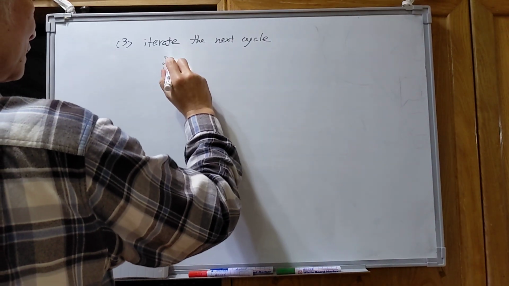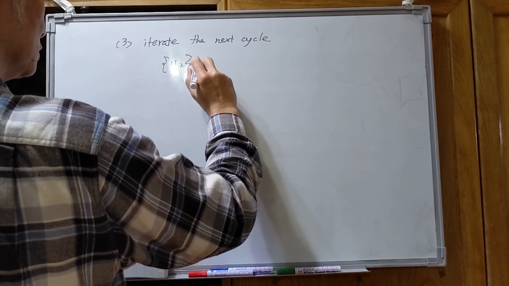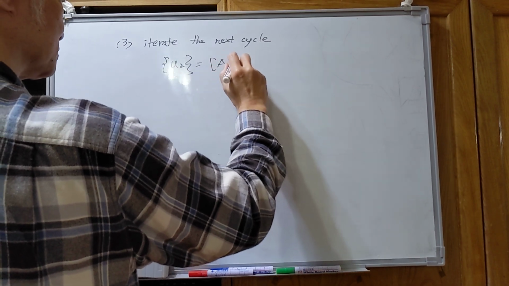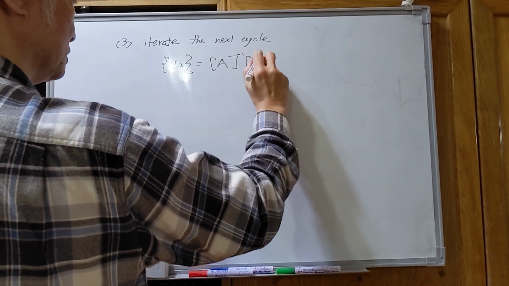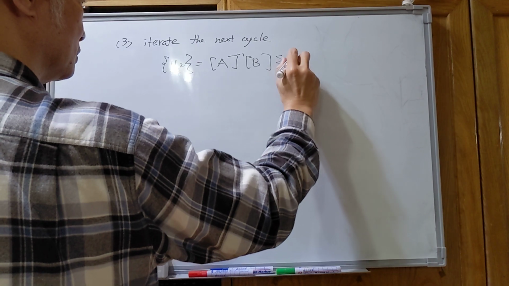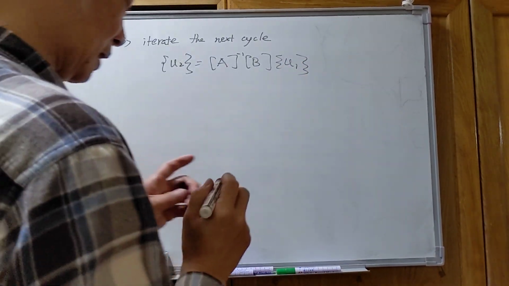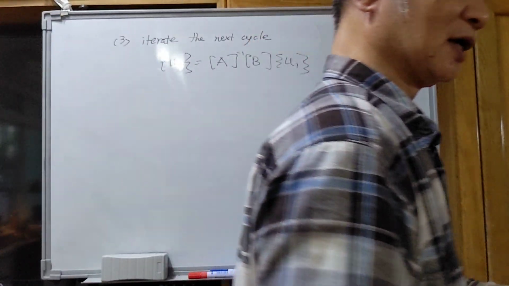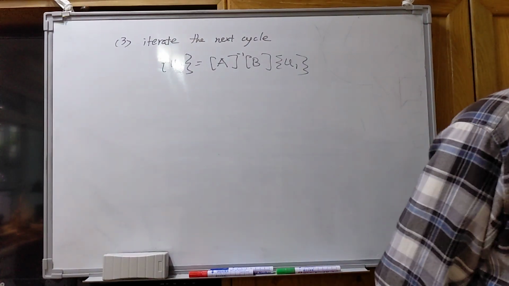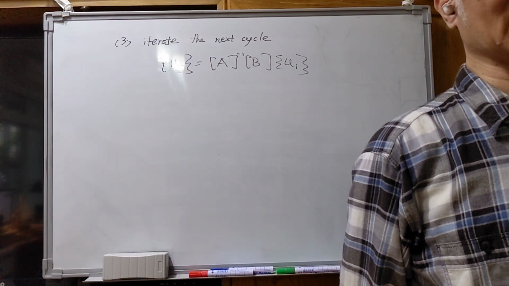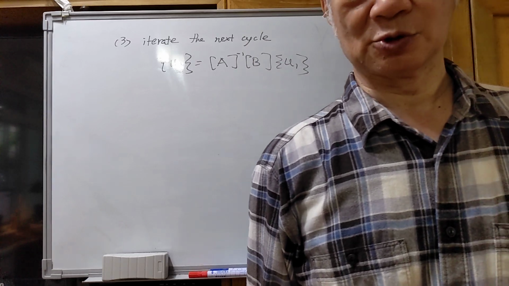So we will calculate the U2 is equal to A inverse B U1. Okay, after we got the U1 vector, the U1 vector is equal to the A inverse B times U0.